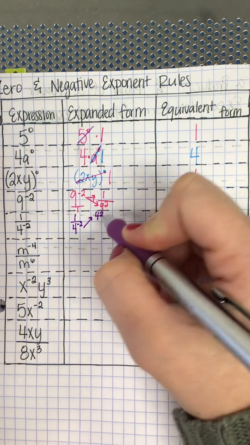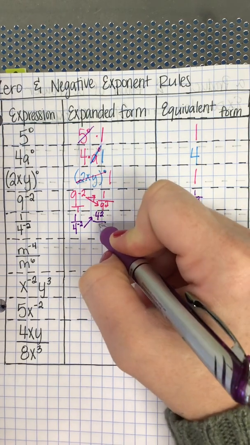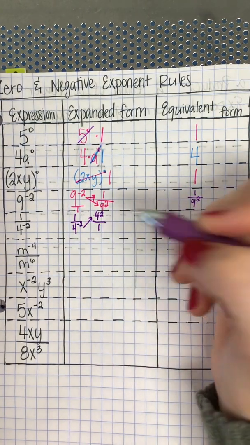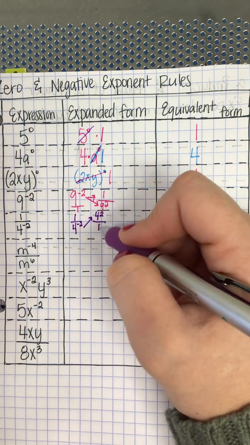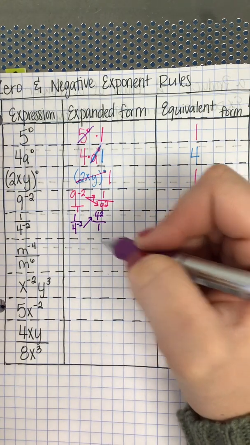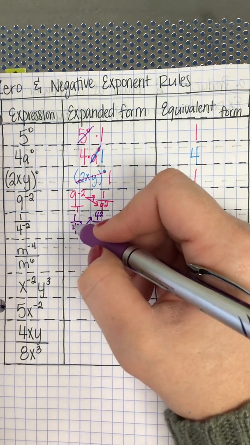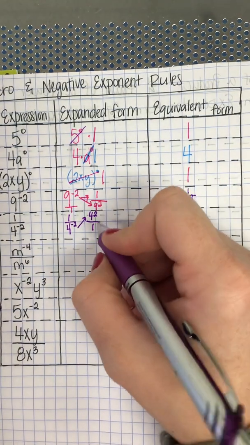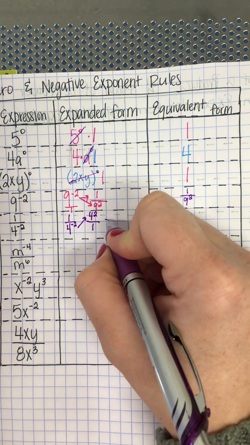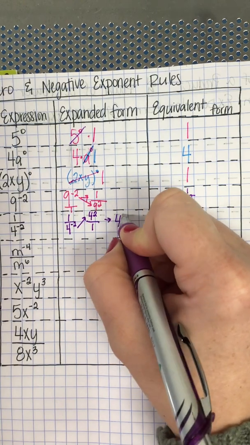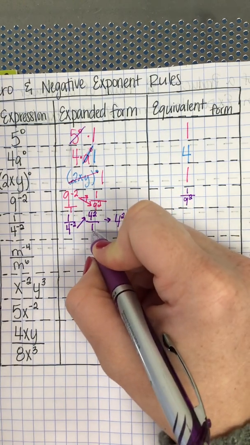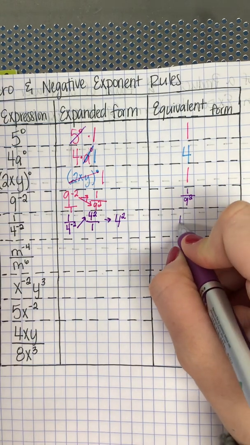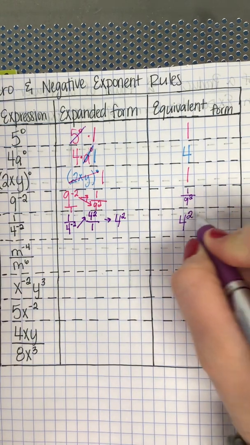And then again, we have to have that placeholder of 1. So notice the entire fraction flips, or the stuff with the negative exponent flips. So then our answer here, remember, would be 4 squared. We do not have to write a divided by 1. So our answer would just be 4 squared.